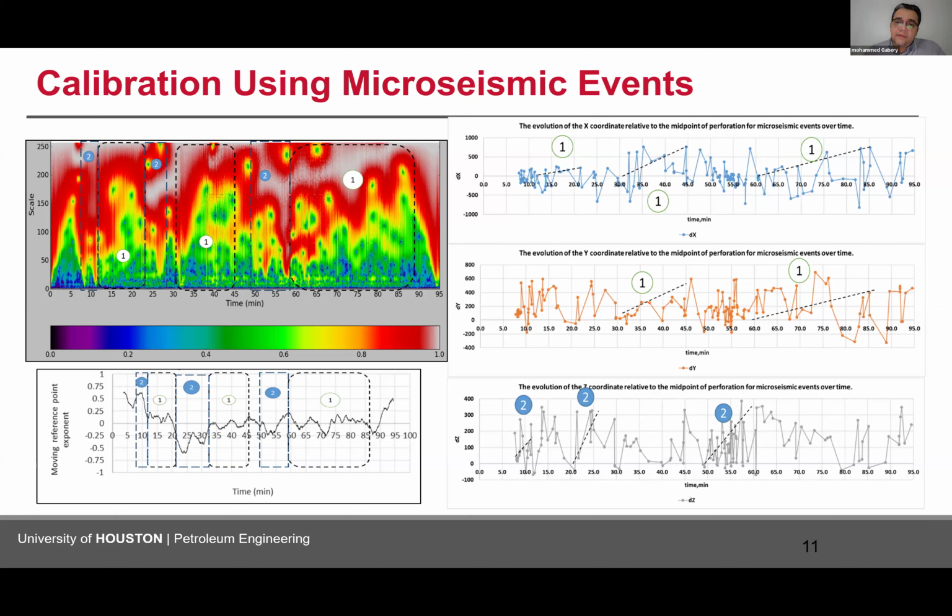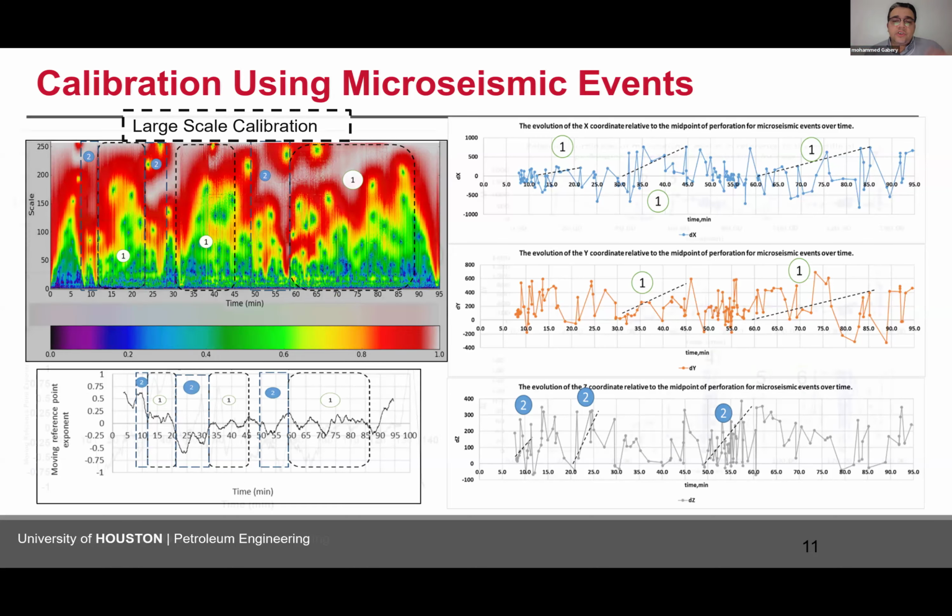fracture propagation in length, marked by the microseismic events, shows an increase in flames in hydraulic fracturing on the scalogram, and the fracture propagation in height, which is the increase in the Z direction of the microseismic events, happens at the same time as the increase of the high energy coefficient dominated time.